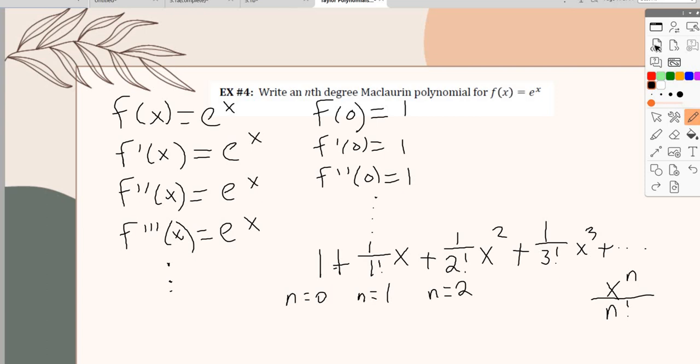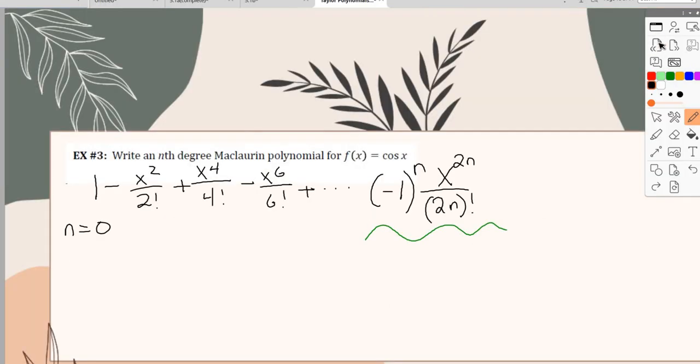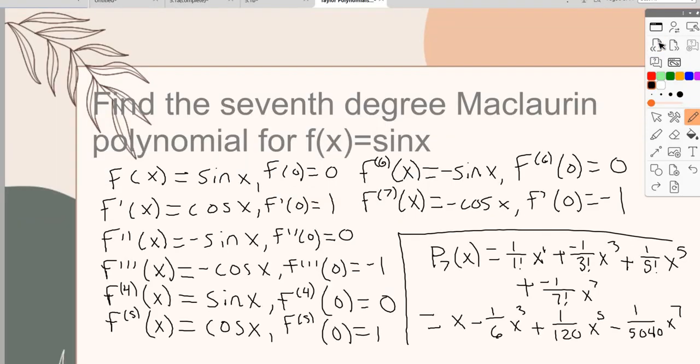It was mostly just write out enough of them so that I can start to see the pattern. Now, if it asks you for an actual polynomial, it's going to have to either give you a degree, so it'll say the 7th degree Maclaurin, or Taylor if it's not centered at 0, or it would say write the Maclaurin polynomial with 4 terms, right?